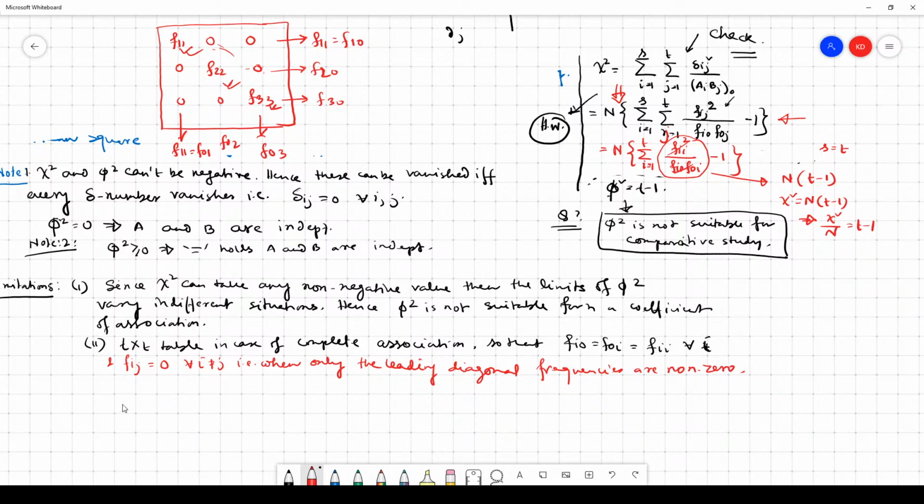So the third point, the deltas are not algebraically independent.